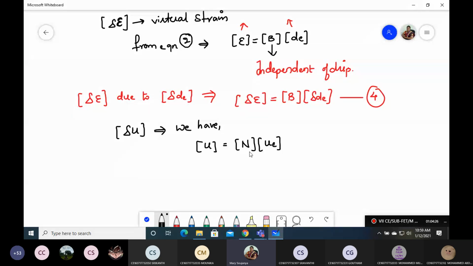The N matrix, the shape function matrix, is independent here. So the virtual displacement at any point will be equal to shape function into the elemental displacement.